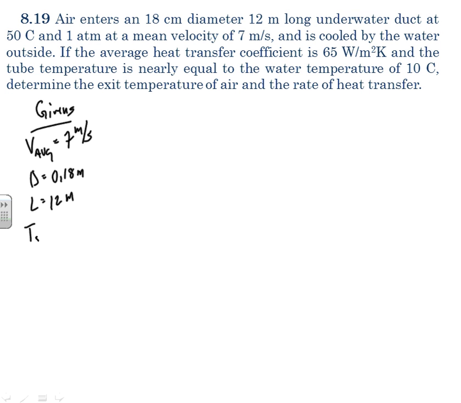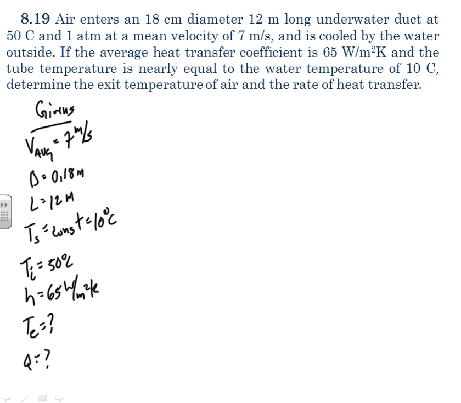We have the surface temperature of the duct; we're told that it's constant and equal to 10 degrees C. We also have the temperature of the air coming in, 50 degrees C. We're given a heat transfer coefficient, 65 watts per meter squared Kelvin. We're trying to find the exit temperature and the heat transfer rate, Q dot.